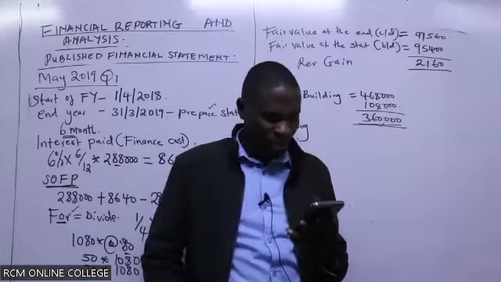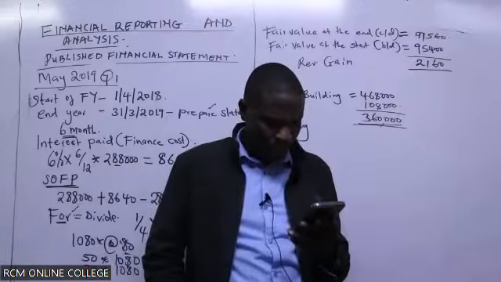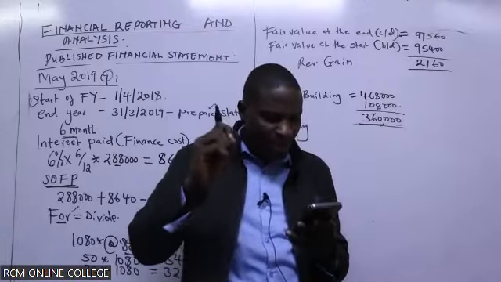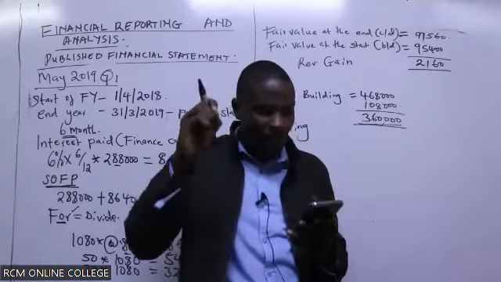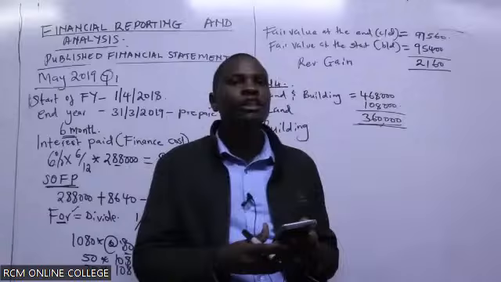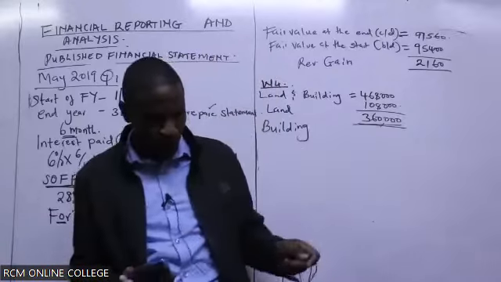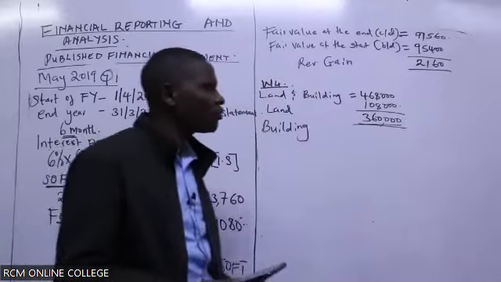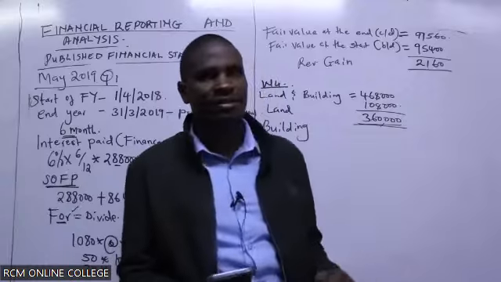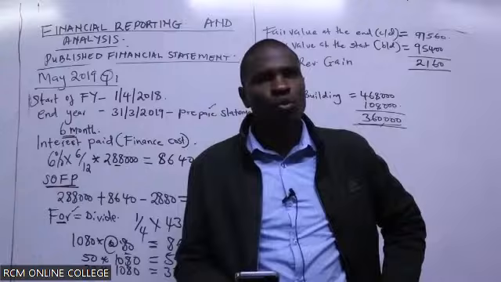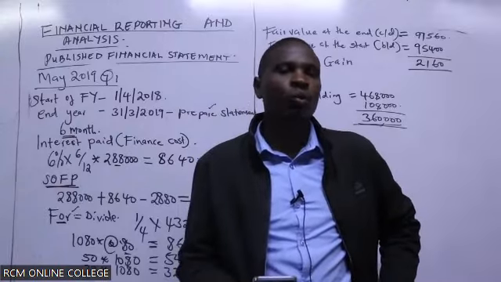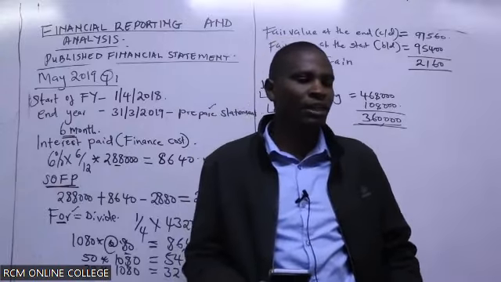Now, we proceed and look at what you've been told. The estimated remaining life of building as at that date, that is 1st of April 2018, is 20 years. Class, when you see examiner giving you the useful life of an asset, if you were to compute depreciation, which method are you expected to use?